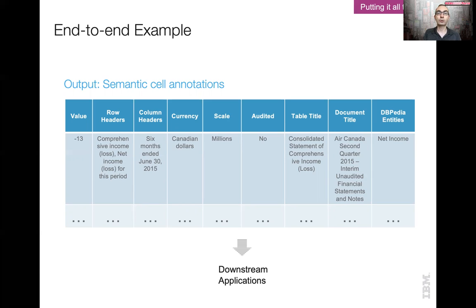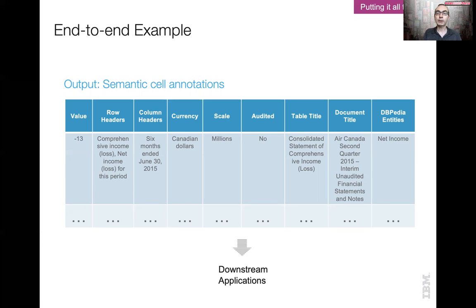Downstream applications could, for instance, in this case, include creating a financial knowledge base, creating a question answering system for financial tables, and many others that we will discuss in the following section.